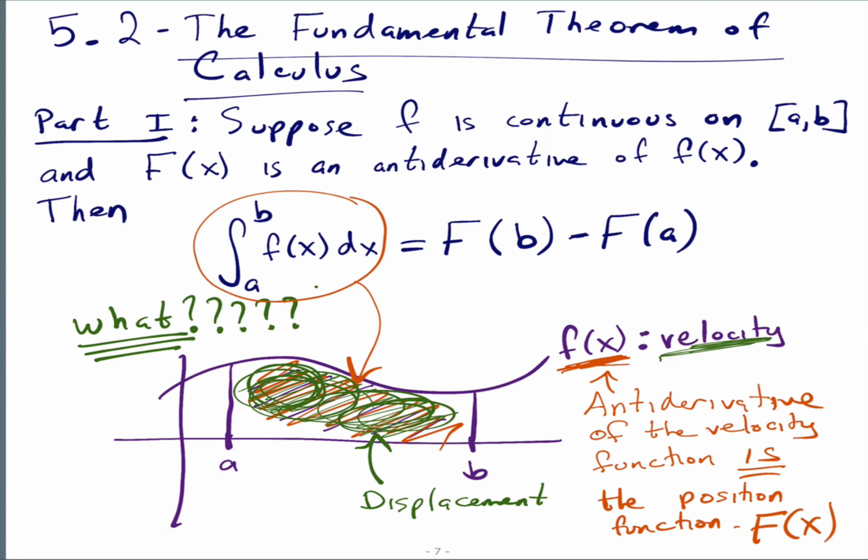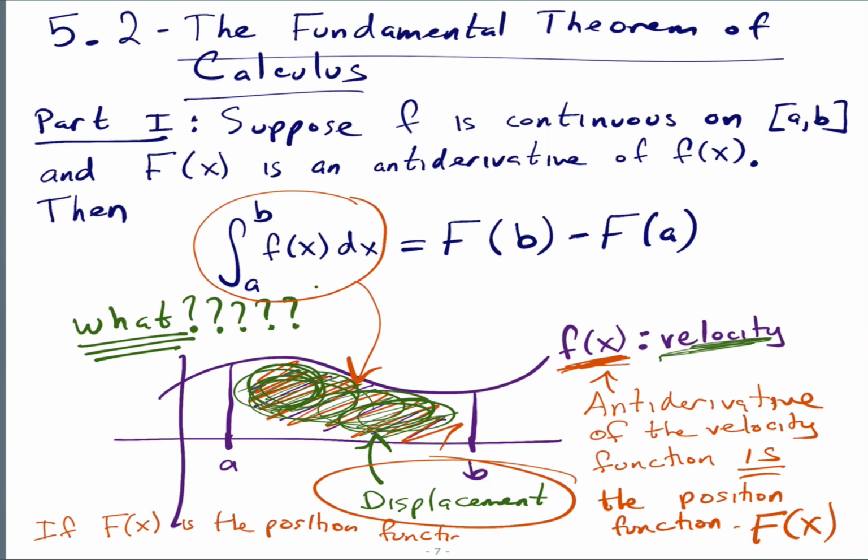Okay, so if you got the antiderivative, that means you have the position function. If you have the position function, then how do you find the displacement? If capital F of x is the position function, the displacement, remember, what does that represent?